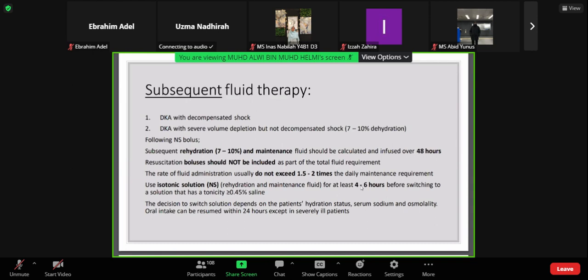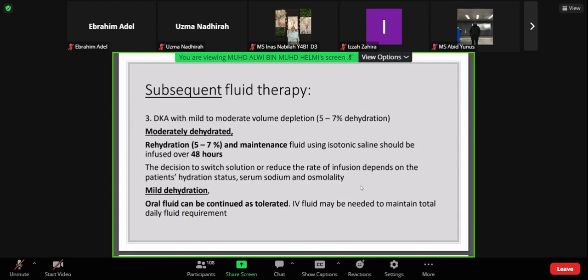If 3 days, give correction over 3 days, because you don't want to drop the sodium too much, because this leads to cerebral edema. Boluses should not be included as part of total fluid requirement. So if you need to give bolus, it has to be something extra. This is a bit too detailed, but anyway, it's all about fluid.